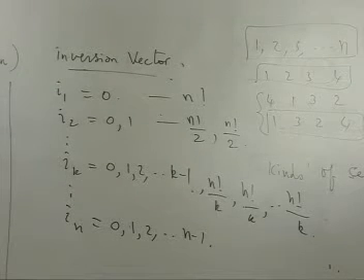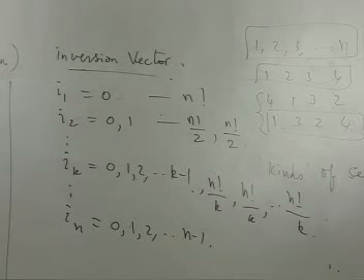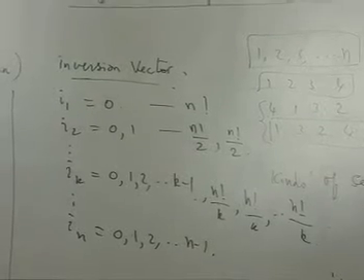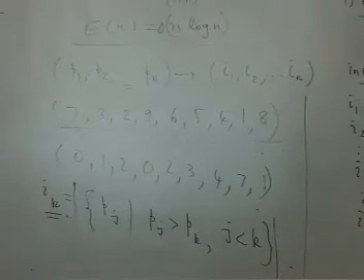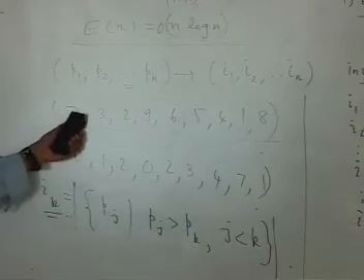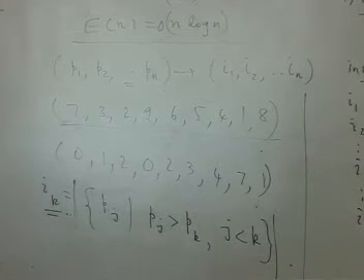Alright. Now why are we interested in the inversion vector? It gives the exact complexity of the algorithm for a given input. Suppose you are working through insertion sort. What will be the complexity on this input? As far as the first step is concerned, no movement is needed, therefore it is 0.